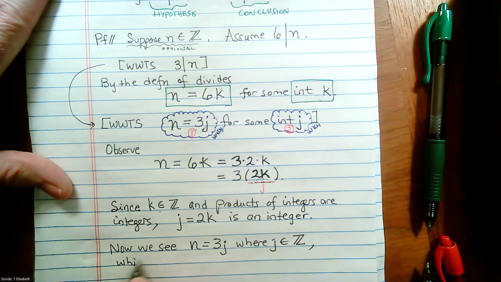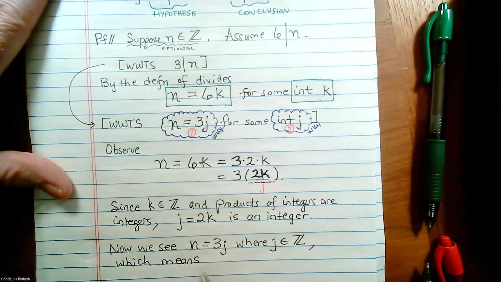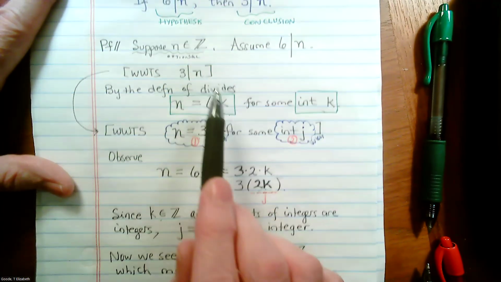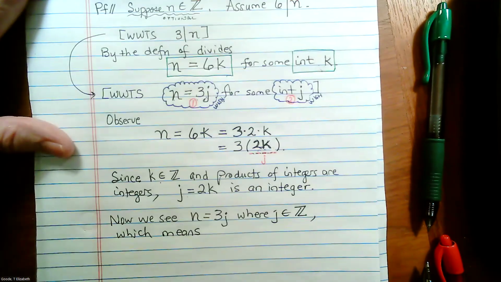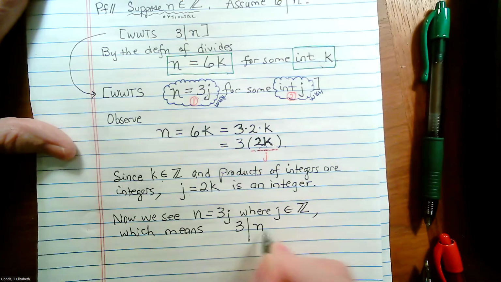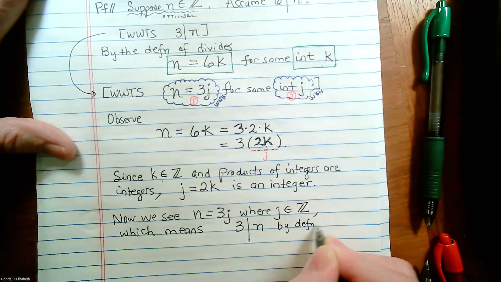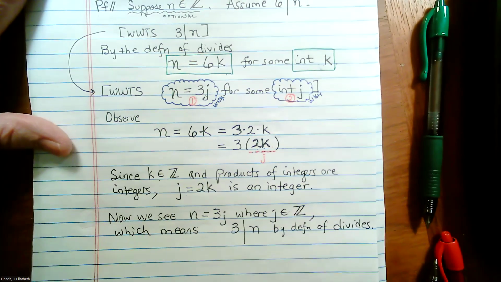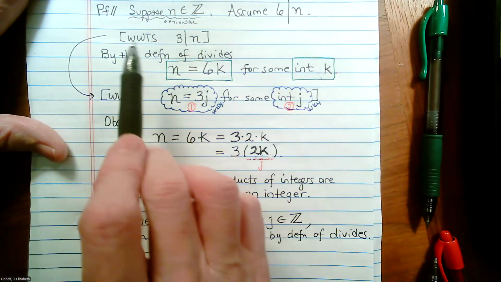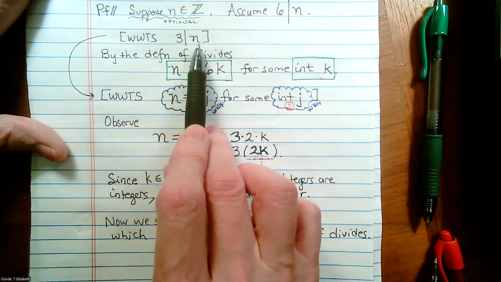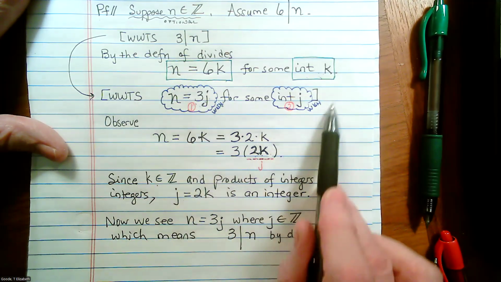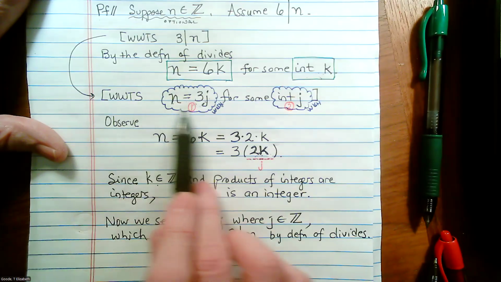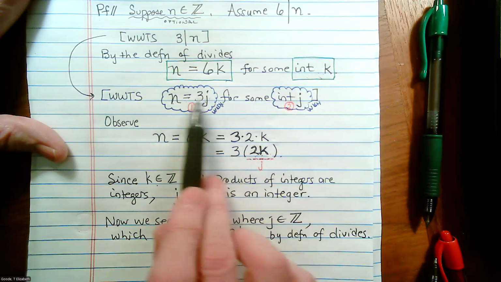Which means what? Why were we even trying to do that? Look at the original wish. Yes, 3 divides n, by definition of divides. You can help yourself so much by clearly writing your wish as a definition statement, because this is really what we're trying to do.